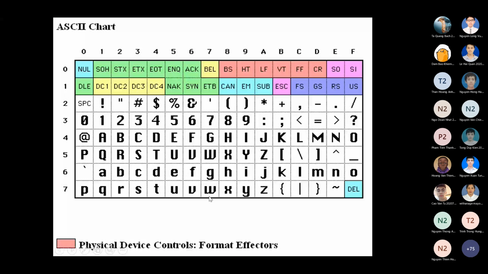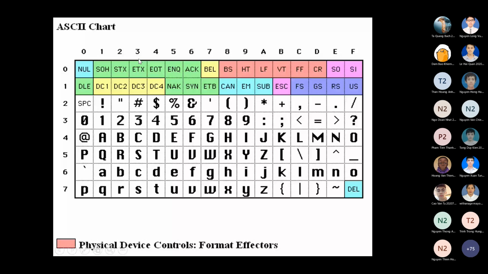For example, to represent the character big C. Big C is in row 4 and column 3. So to represent big C, we use the hexadecimal number 43.